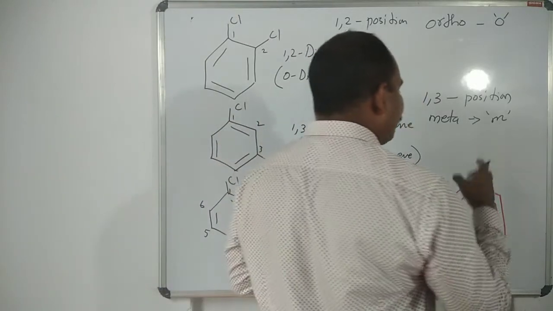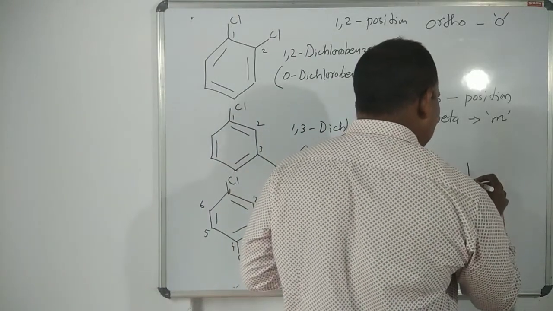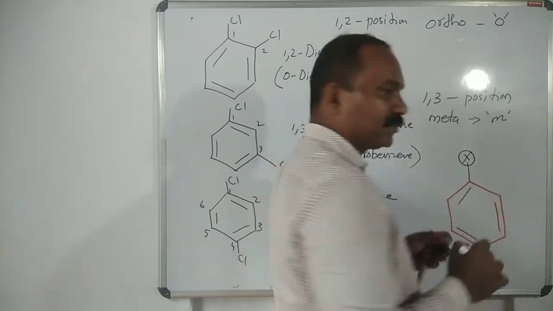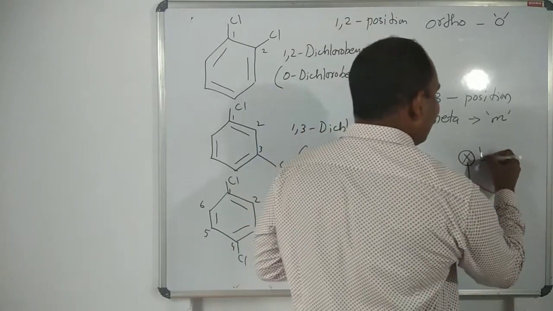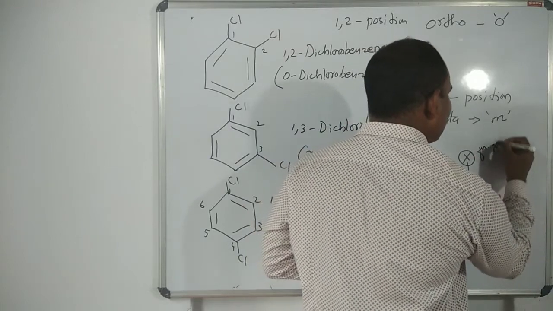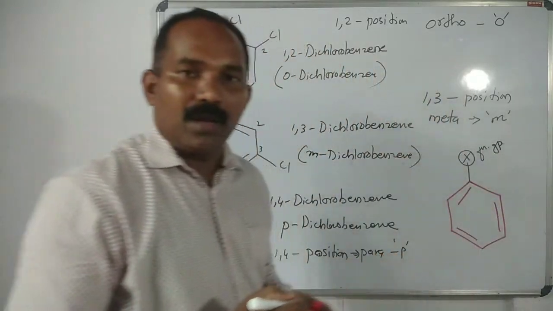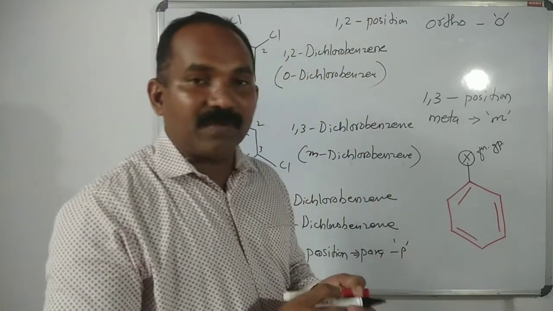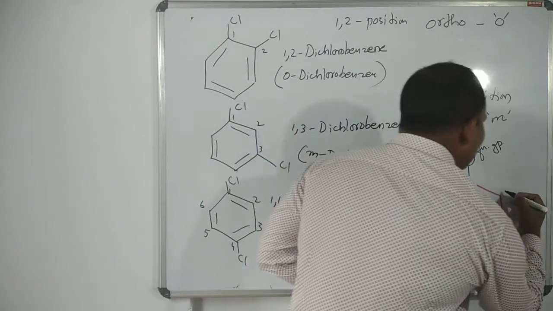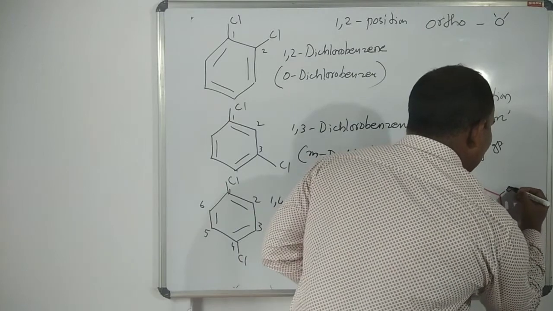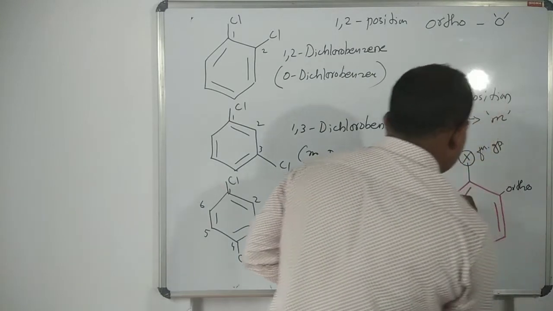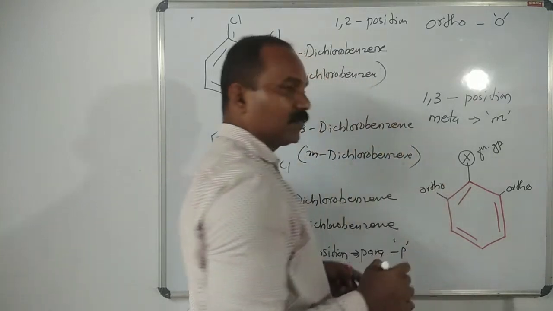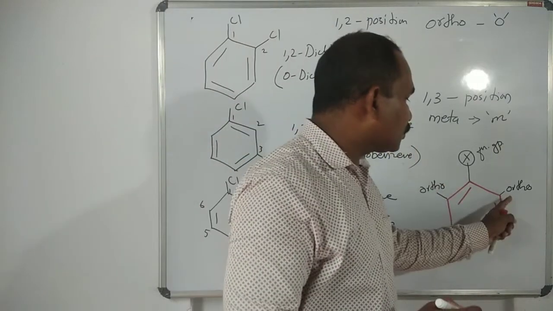If one functional group, the principal functional group, is present in this position, then with reference to the functional group, the adjacent positions are ortho positions. 1, 2.